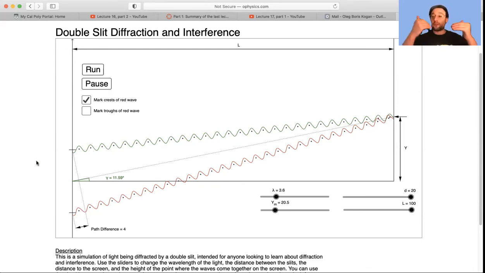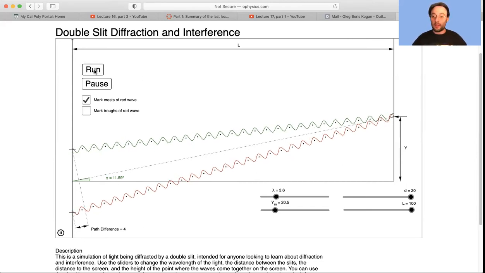And the only difference in the lengths is this tiny extra bit. So you can think of this as a giant circle right here, and this extra bit is the only difference in the length. So when this extra bit is one wavelength or two wavelengths and so on, the waves arrive at this point on the screen in phase, and you get constructive interference.